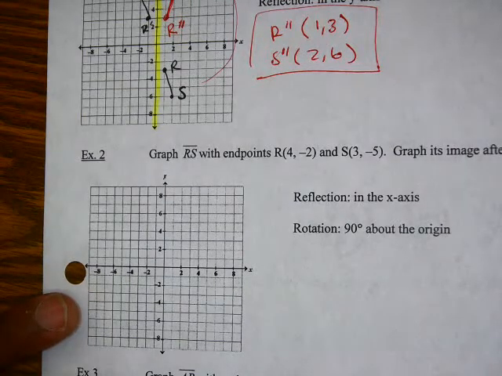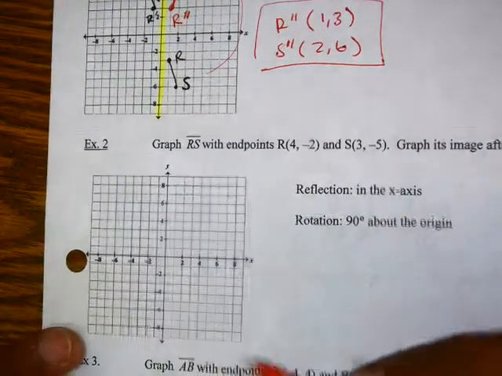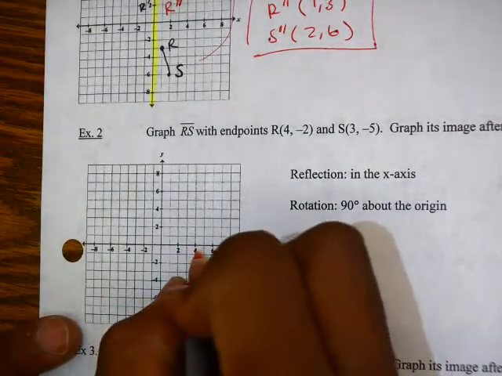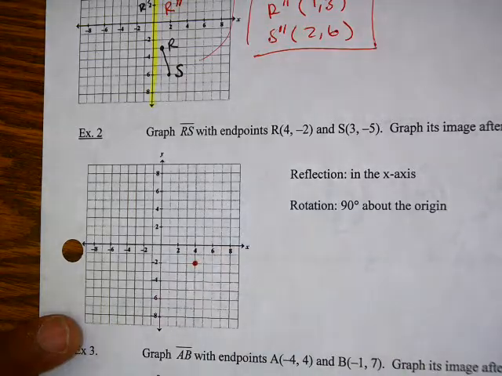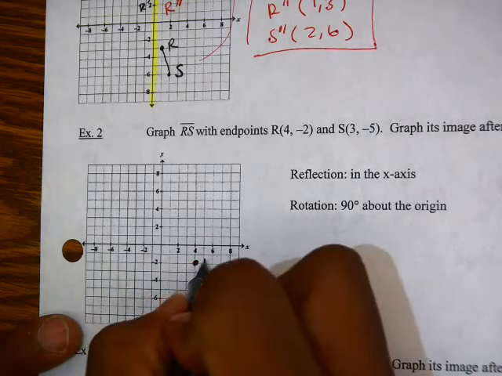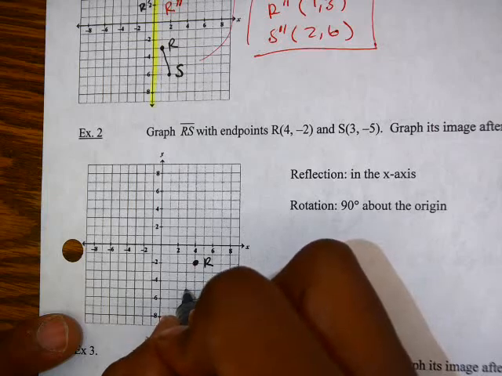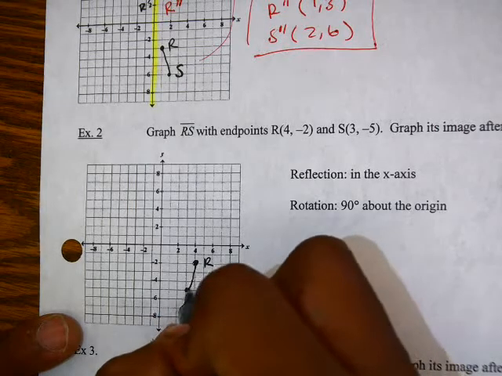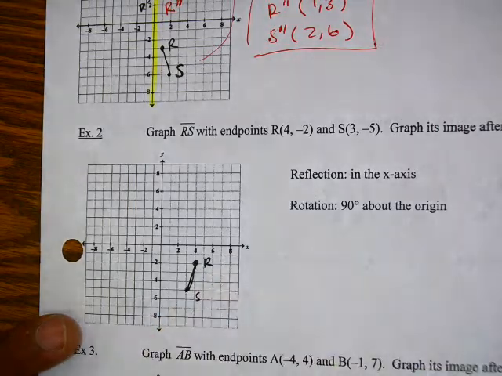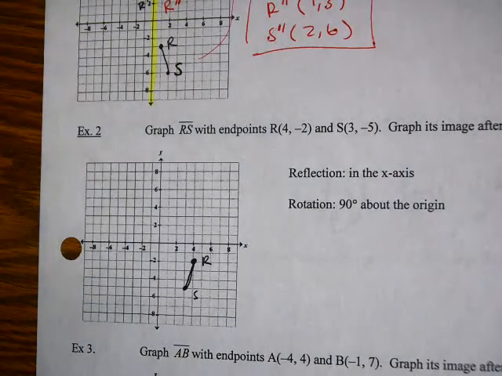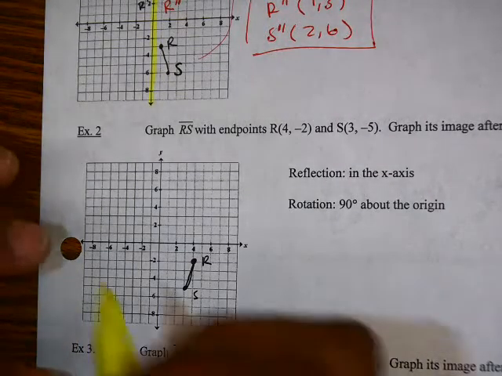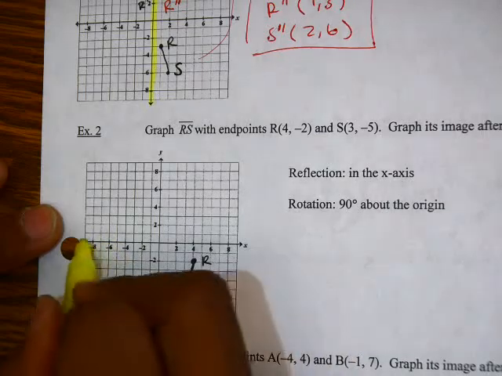Okay. So hopefully you guys did this. You graphed R and S first. R is at 4, -2. S is at 3, -5. We're supposed to reflect it over the x-axis first. So that's across this line.